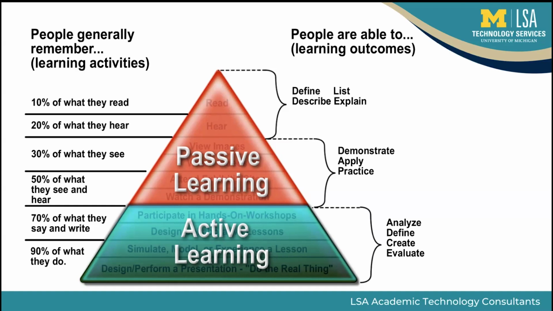And then over on the skills side of things, their ability to engage in higher level skills like analyzing, creating, and evaluating increases as they're asked to orally explain, say, write, or do something.